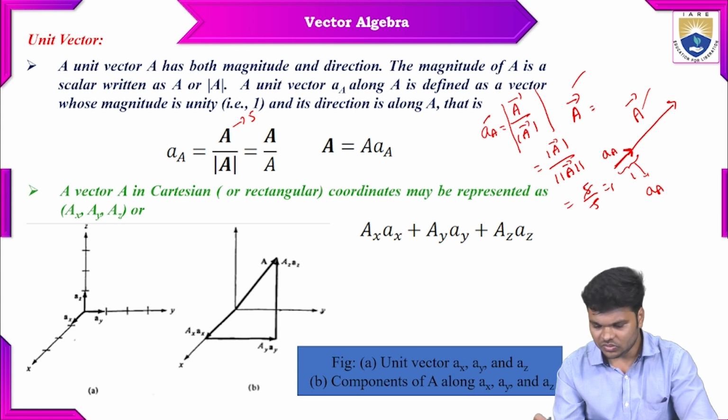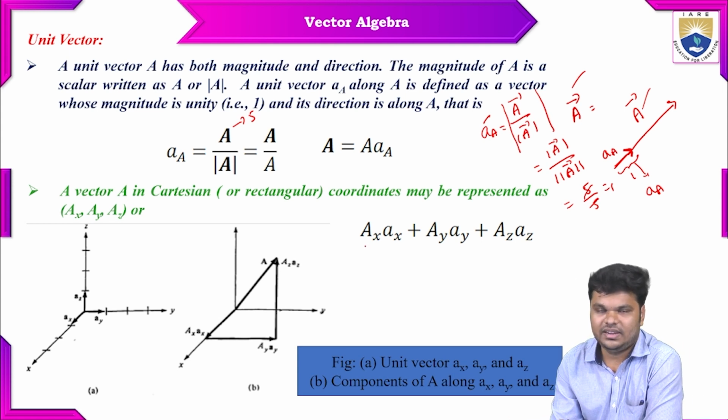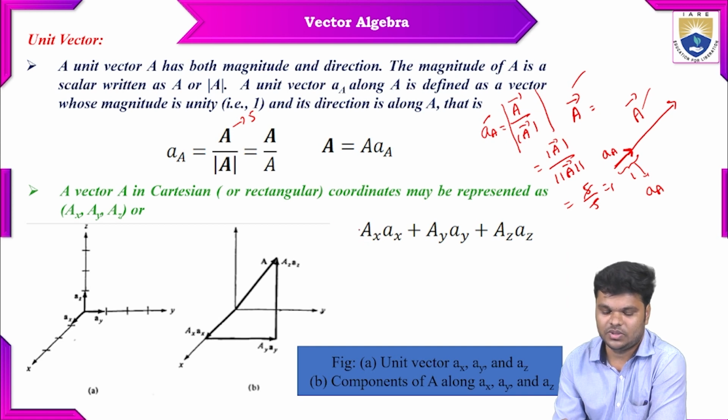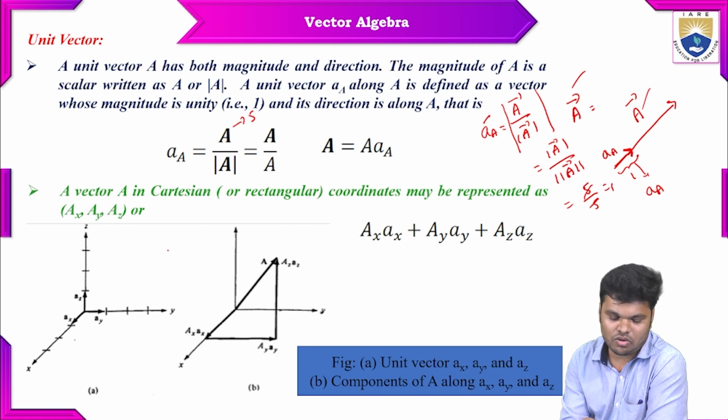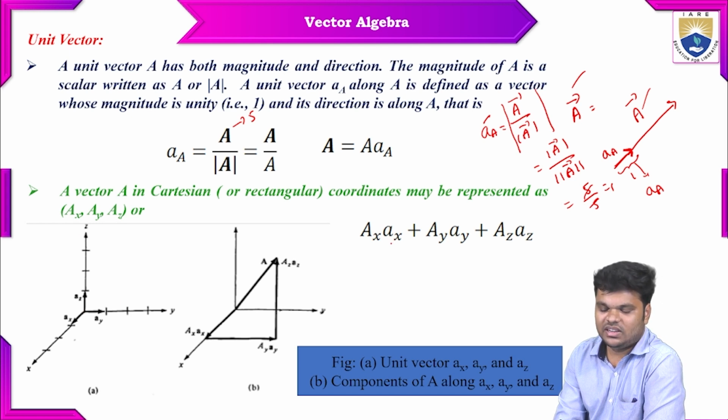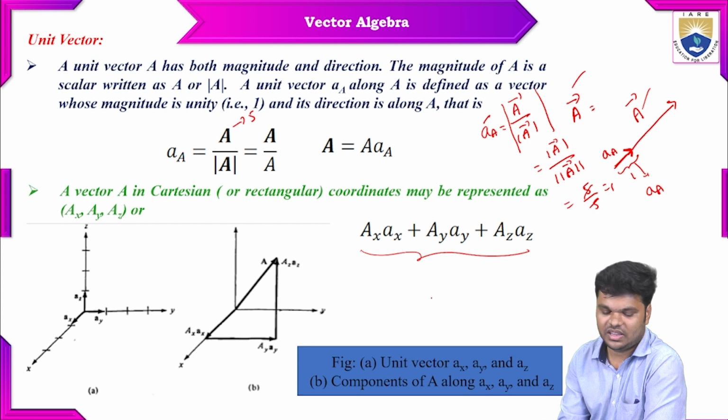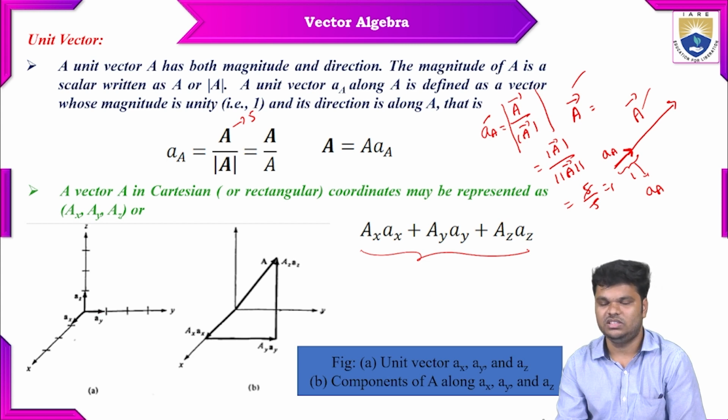Okay. So a vector A in Cartesian coordinate system or rectangular coordinate system. In rectangular coordinate system, we have 3 dimensions: x, y, and z. And any vector can be represented in this fashion: Ax plus Ay plus Az. So any vector can be represented in this fashion.